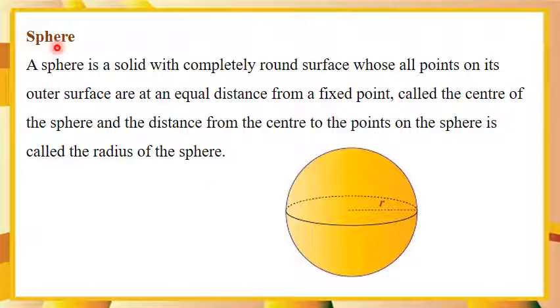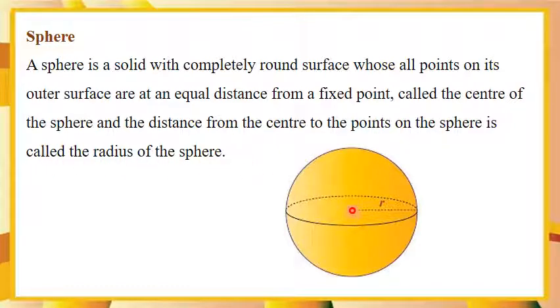Now sphere. A sphere is a solid with a completely round surface whose all points on its outer surface are at an equal distance from a fixed point called the center of the sphere, and the distance from the center to a point on the sphere is called the radius of the sphere.